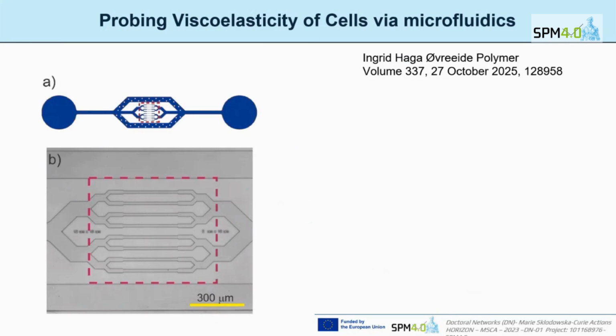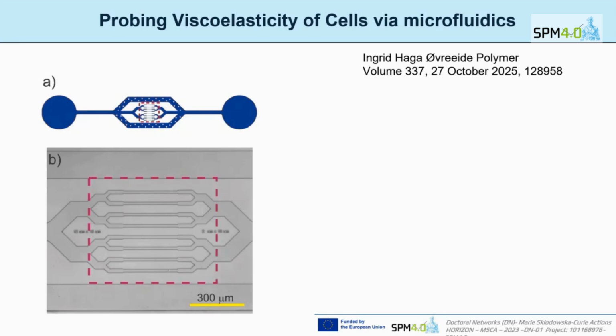Other methods allowing us to check viscoelastic properties of cells are high throughput methods. So here we use microfluidic channels or deformation cytometry. So here we also have a channel. These are PDMS channels.